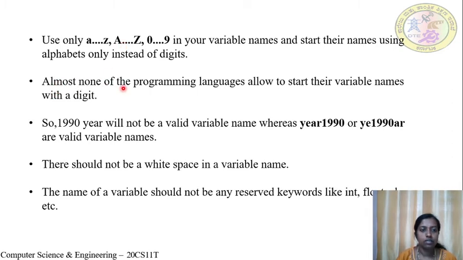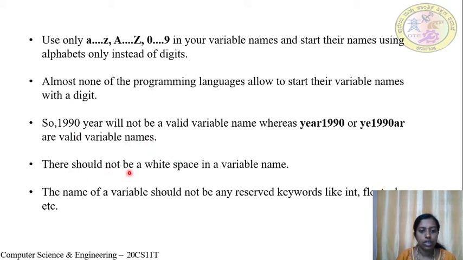Almost none of the programming languages allow variable names to start with a digit. So 1990 year will not be a valid variable name, whereas year1990 or YE1990 are valid variable names.